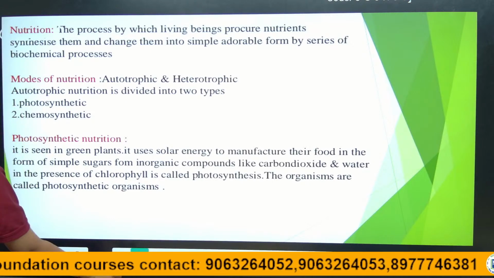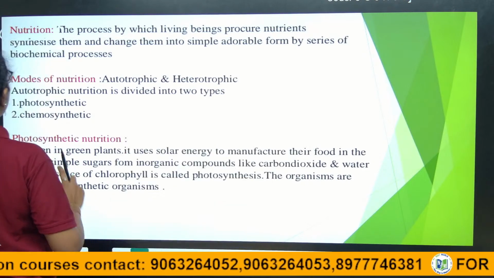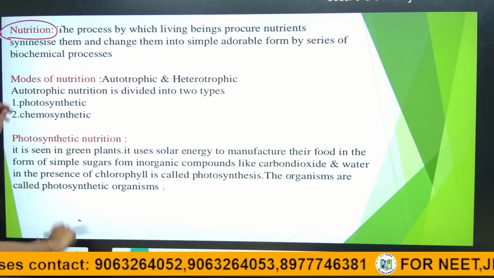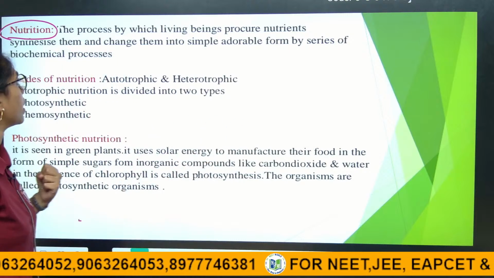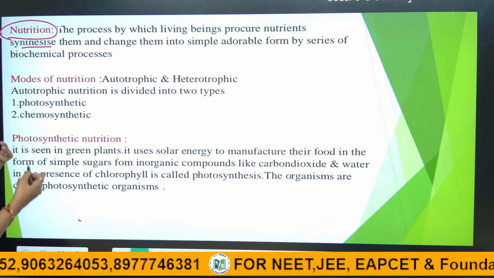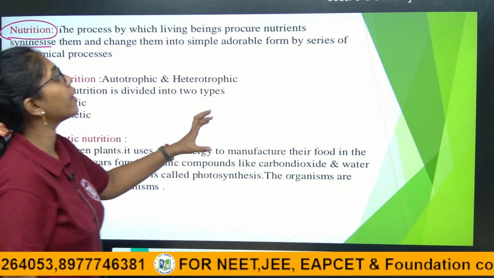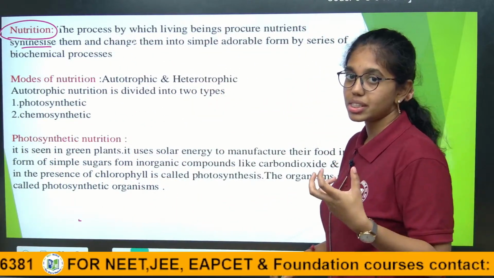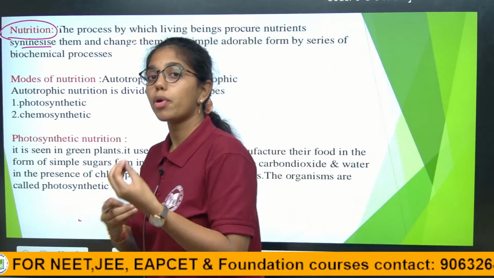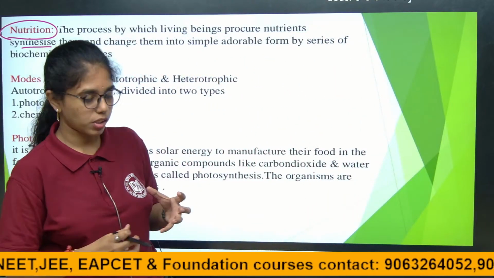Now, we are going to discuss what? Nutrition. Nutrition is the process by which living organisms procure nutrients, synthesize them and change them into a simple absorbable form by a series of biochemical reactions. Organisms procure nutrients in many ways.